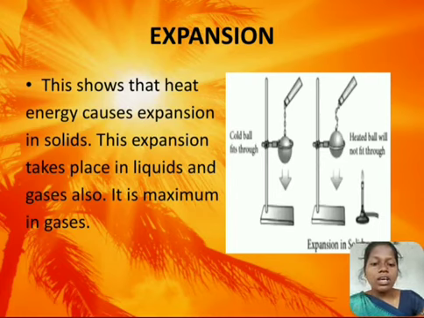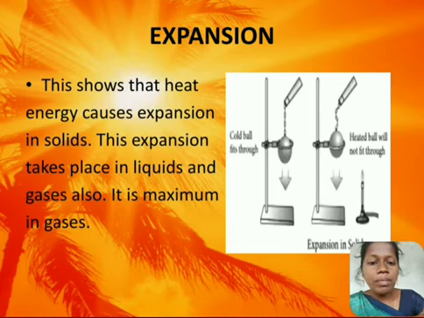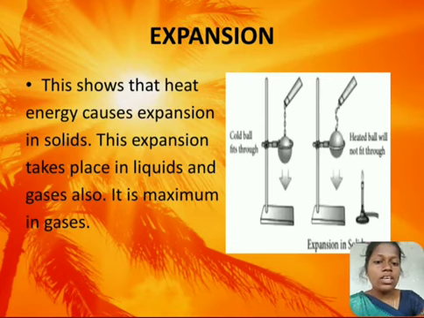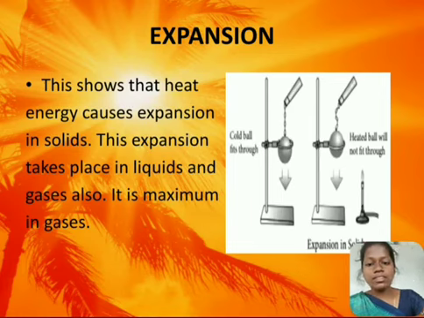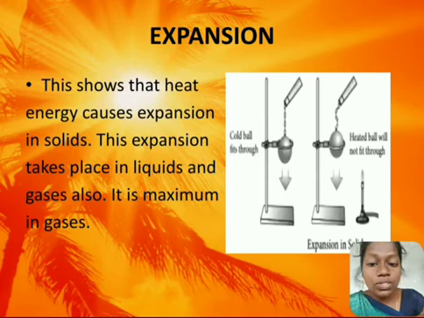First we pass the ball through the ring. If it is cooled, it easily goes through. If we heat the ball, it cannot go through the ring, because when heated it expands. This shows that heat energy causes expansion in solids.